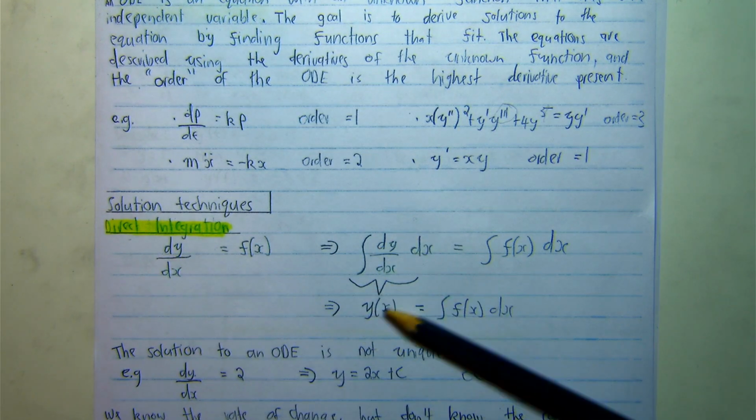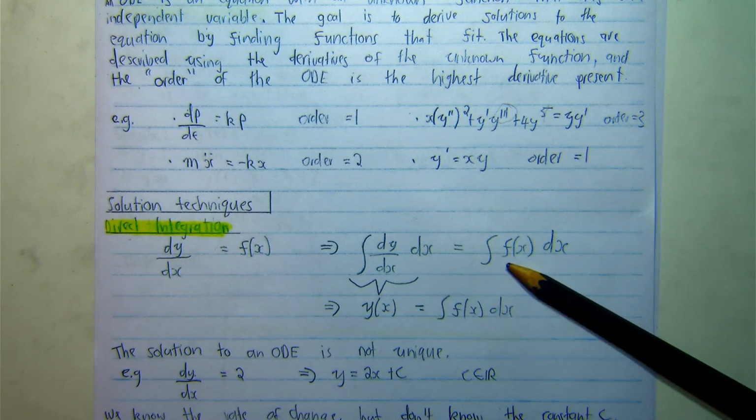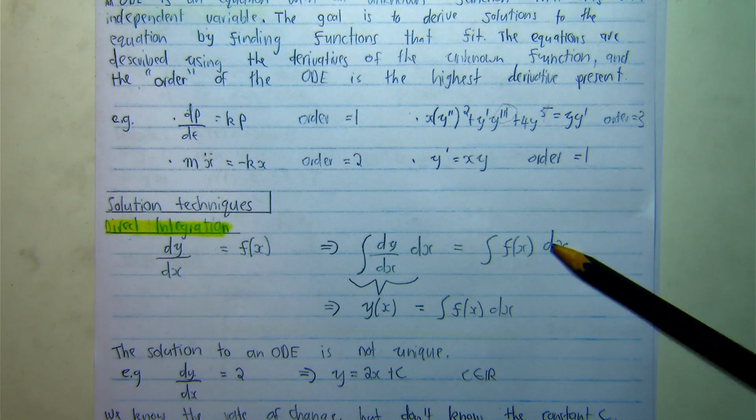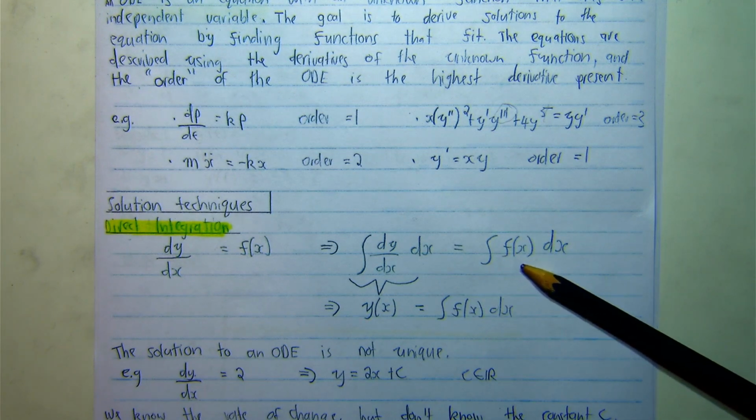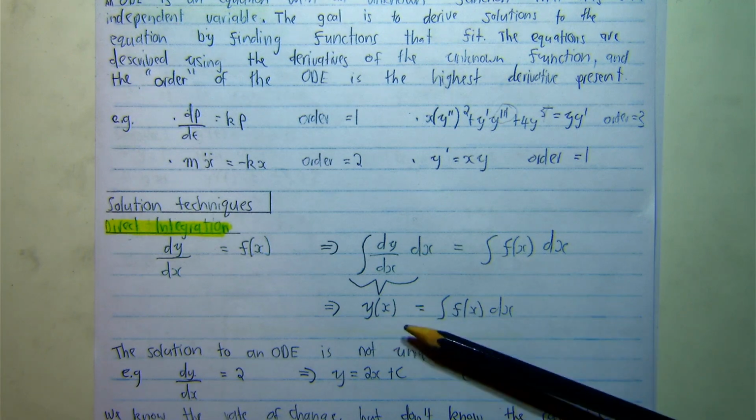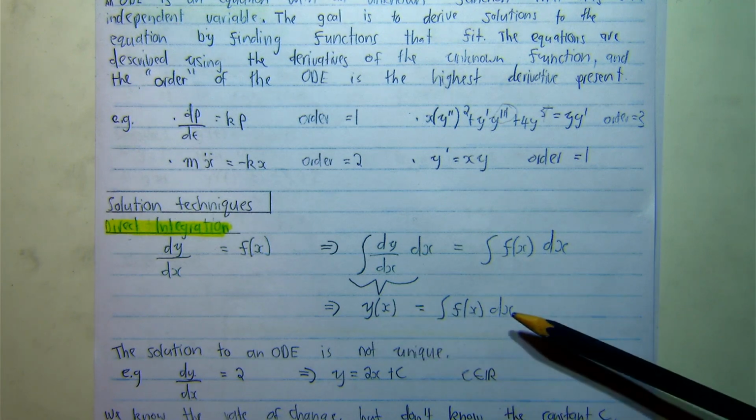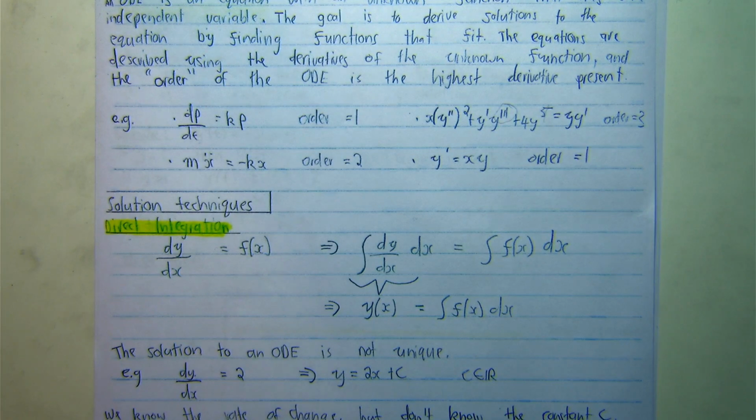That's what's represented here. And whatever your integral is on the right hand side of this function f of x, that will then give you the solution to this ODE where y of x is equal to whatever that integral is. And of course this is very simple and is more considered integration than an ODE, but I suppose it's a good place to start when it comes to ODEs.